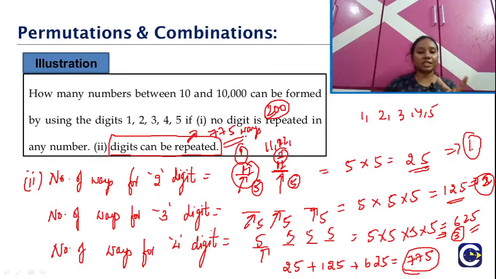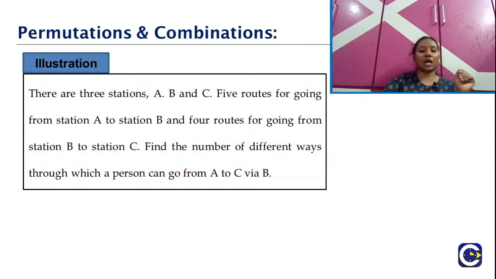Right, so in this question we have considered both the fundamental principles of counting, the multiplication principle as well as the addition principle. So I hope now you get an idea of the fundamental principle of counting. Let's do one last question and then we'll jump into our next concept.